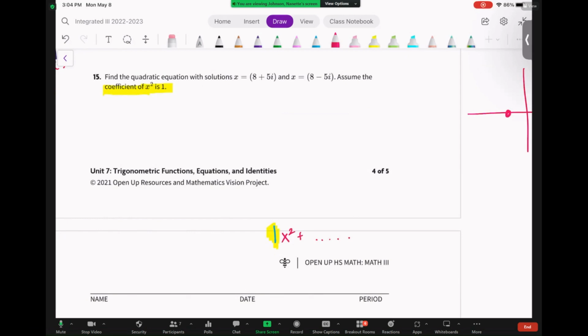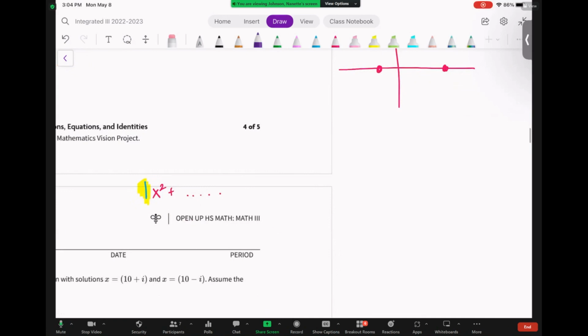Okay, so the very first thing that you're going to do is turn your solutions into the factors. And so I like to remind you that when you were solving these, you had, let's say, x squared plus 5x plus 6 equals 0. And then you would factor it. So you got x plus 2, x plus 3 equals 0. And then you set each piece equal to 0 because of the zero product property.